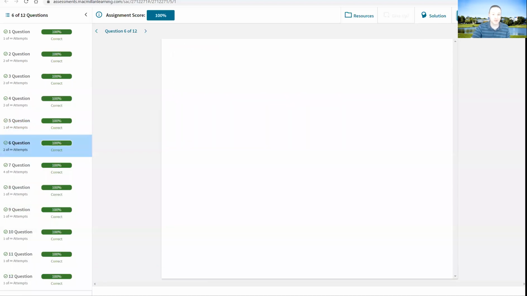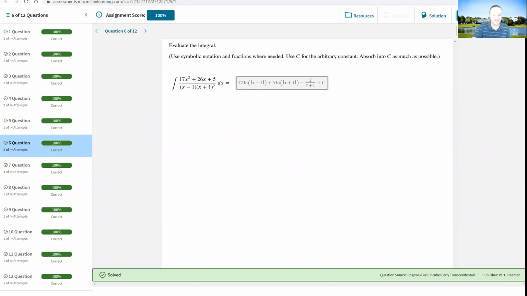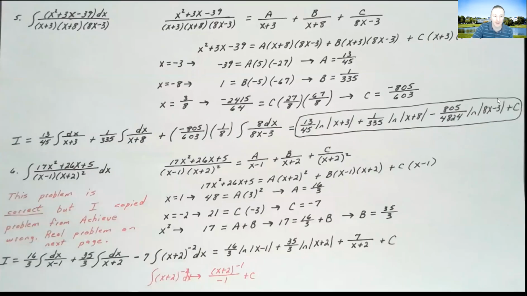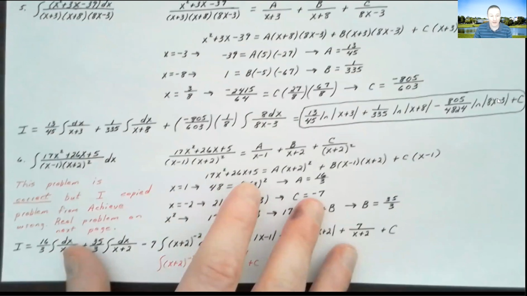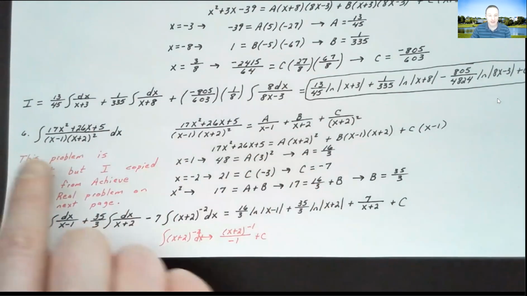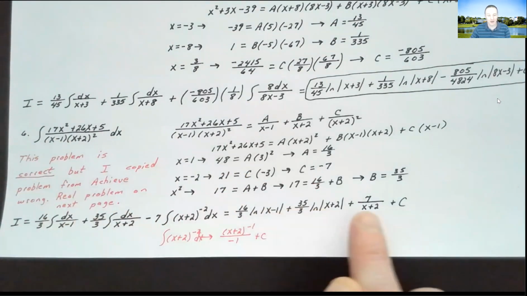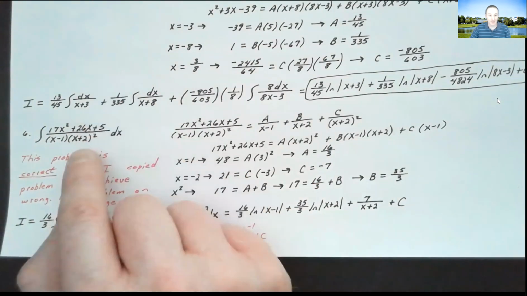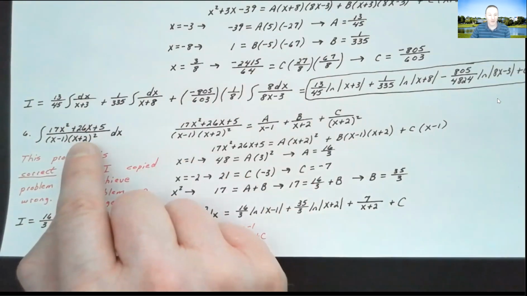The next question here, and this one comes with a warning. I didn't delete it from the work that I have scanned and posted online because what I did was a beautiful problem. But my number 6 that I first did is not correct with Achieve. Why not? Well, because I wrote the problem down wrong.